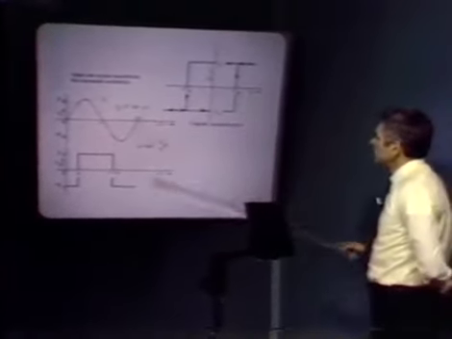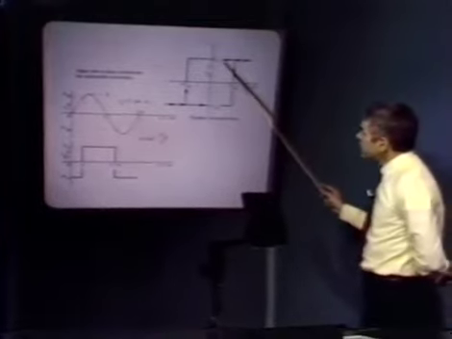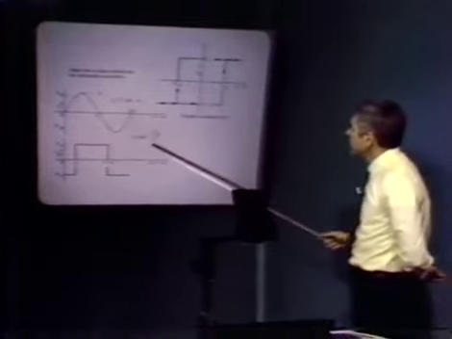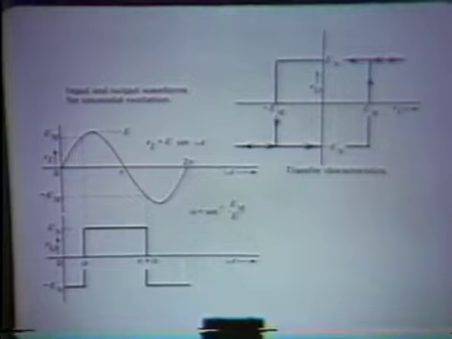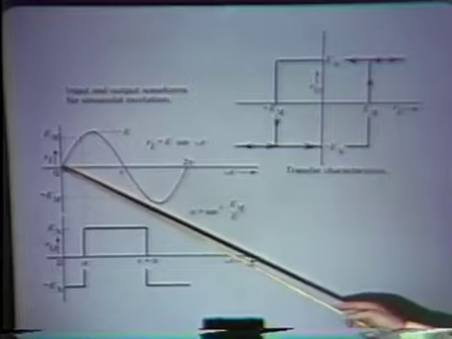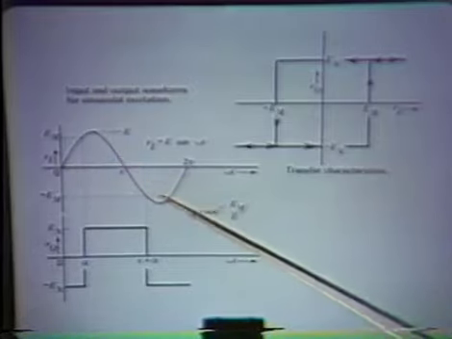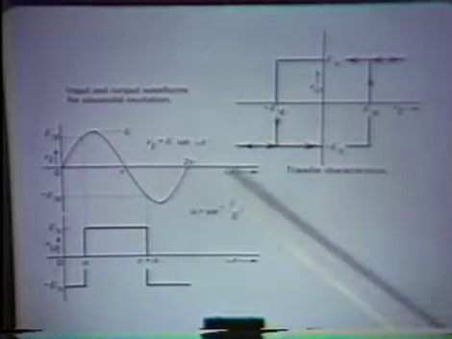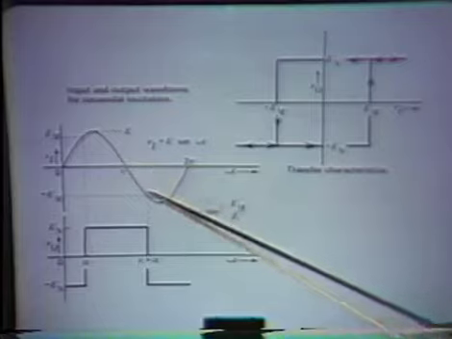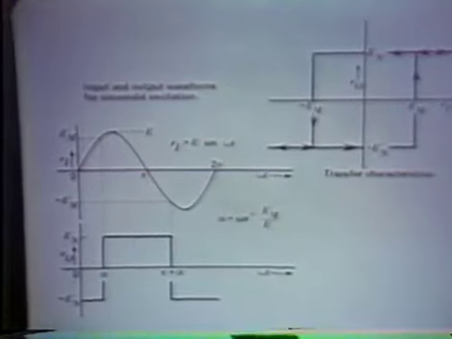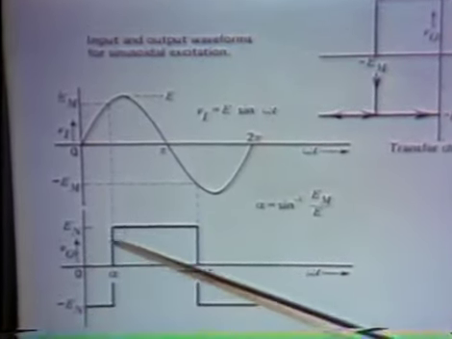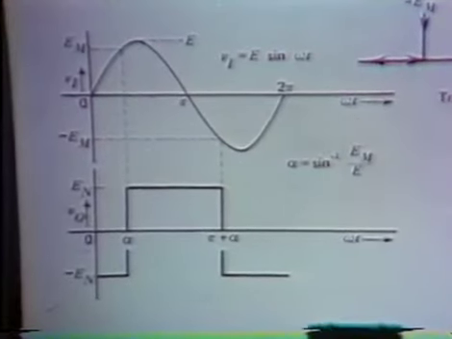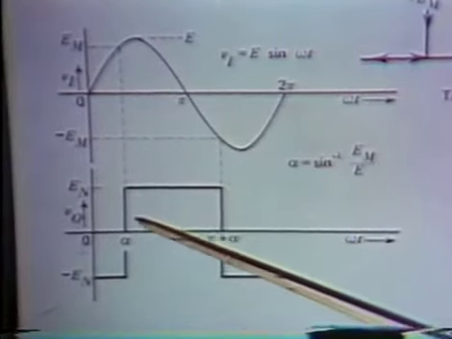Here I've assumed general characteristics with an output amplitude of E sub n or minus E sub n, and input amplitude switching points of plus and minus E sub m. And as we normally do in describing function analysis, we assume that the input signal to our nonlinearity, the voltage applied as its input, is a sinusoid of peak amplitude E. And what we note, of course, is that the output of the Schmitt trigger, or the element with hysteresis, is a square wave.